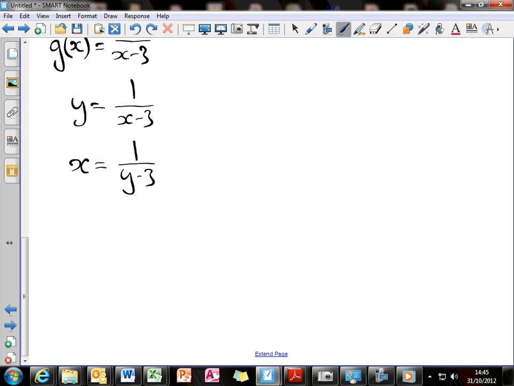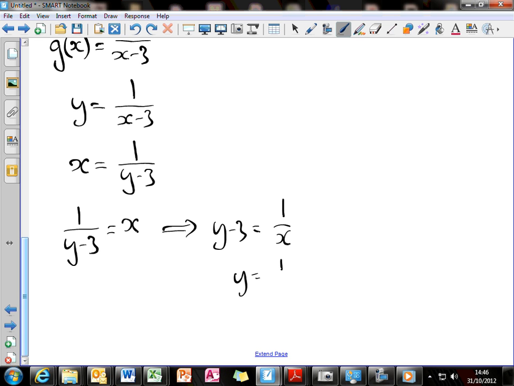So let's just swap that around like that. And then let's move across here. I'm going to get y minus 3 equals 1 over x. So y equals 1 over x plus 3.